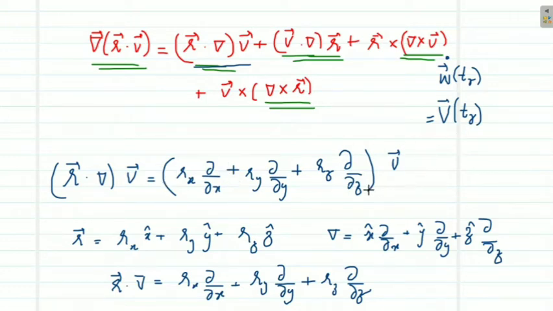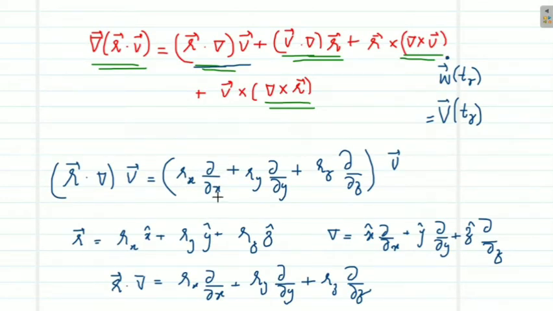So when we take this derivative, we have to do r bar dot del of v bar, which is found to be Rx into dou by dou x plus Ry into dou by dou y plus Rz into dou by dou z into v bar.